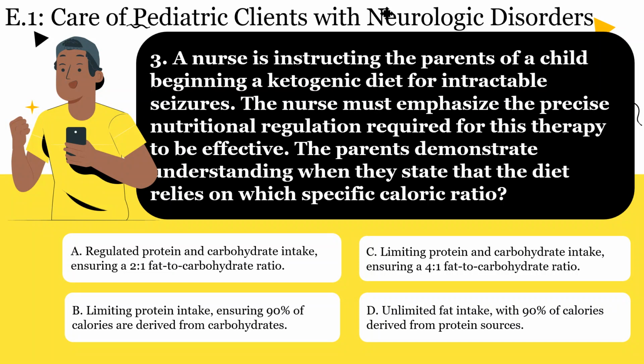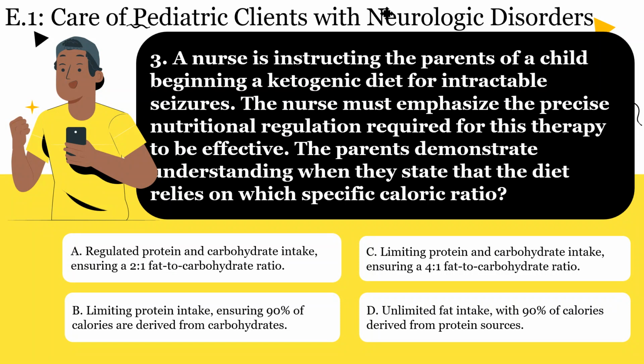And the protein is regulated so that 90% of calories are derived from fat. Specifically, the fat to carbohydrate ratio is 4 to 1. It should be fat carbohydrate ratio, not protein and carbohydrate ratio. So it should be a fat carbohydrate ratio of 4 to 1.